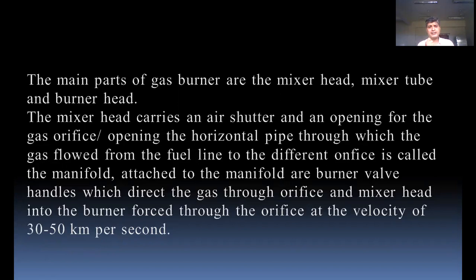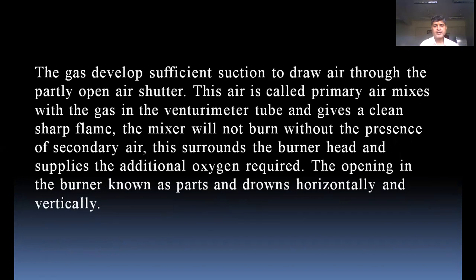And then the gas from the mixer head into the burner is forced to the orifice with the velocity of 30 to 50 km per second. When the gas is flowing in that pipe, it itself develops sufficient suction to draw air through the partly open air shutter.